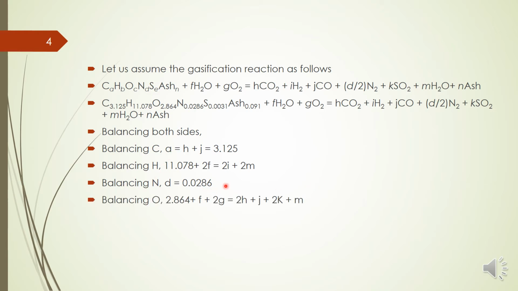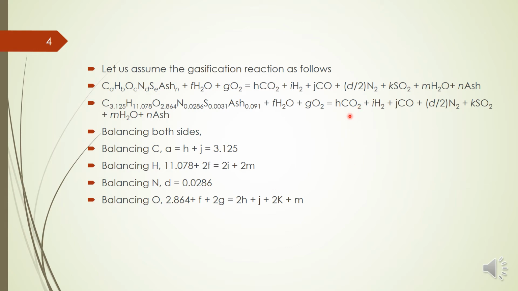Then balancing oxygen, most of the terms contain oxygen. So first term we have 2.864 oxygen atoms, plus here we have F moles of oxygen atom, so plus F. Here we have 2G moles of oxygen atom, so 2.864 plus F plus 2G.